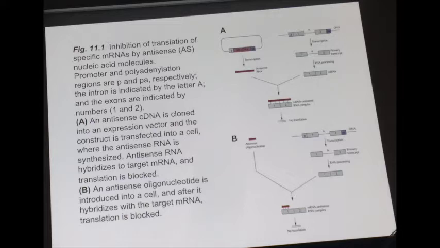When we talk about nucleic acids as therapeutic agents, the major limitation is not identifying the appropriate RNA or DNA. It's not synthesizing the RNA or DNA. It's delivering it.